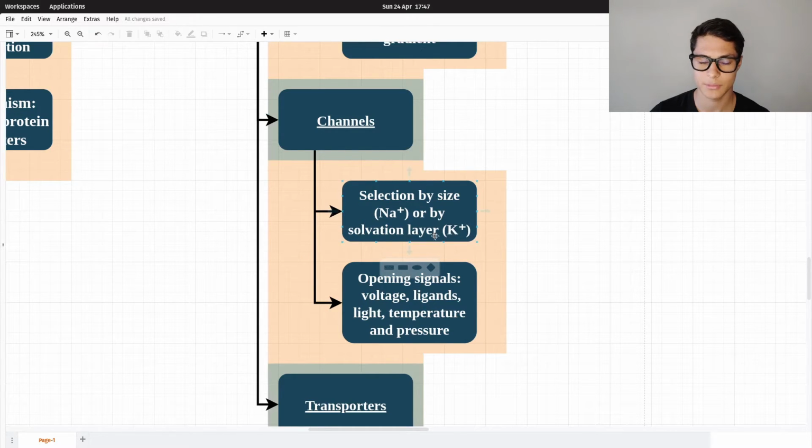But if the potassium channel was with selection by size, sodium, as being smaller, can go through this channel, and we don't want that. So, as ions travel hydrated, the dehydration of potassium in its channel is what allows it to travel through and block sodium, as the solvation layer is much bigger in the potassium, and the dehydration can occur only on the potassium.